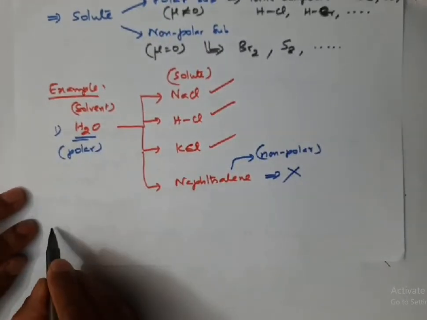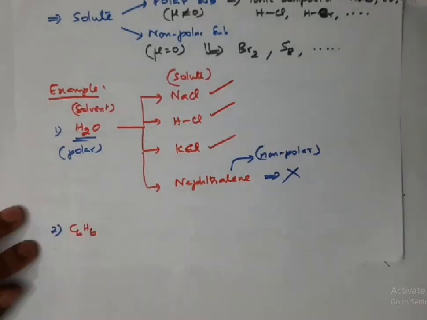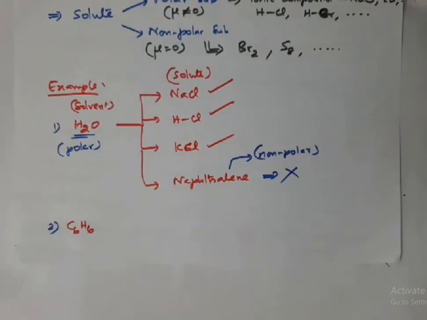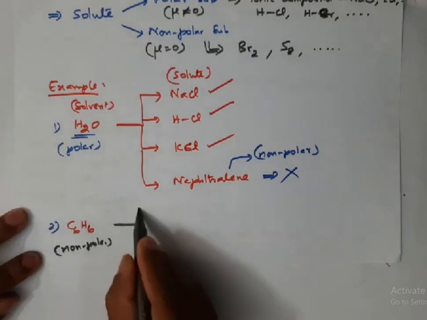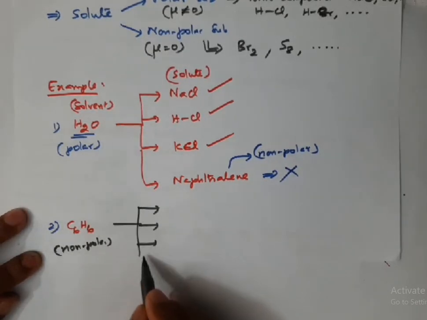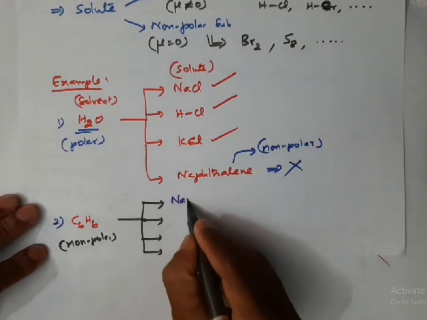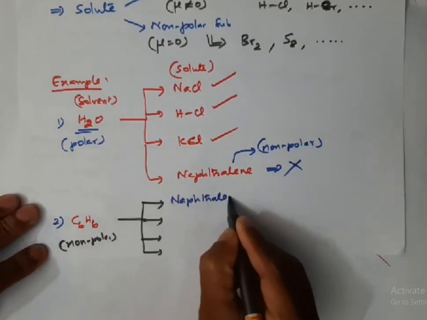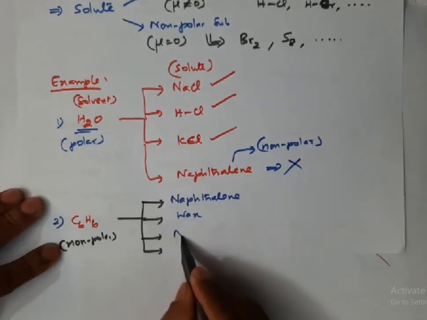Similarly, if you take a non-polar solvent, say for example, I'll take benzene. Benzene is a non-polar solvent, right? Therefore, in benzene, listen, I'll give some substances. You try to tell me which can be dissolved and which cannot. Number one, I'll take naphthalene. I'll take wax. I'll take sodium chloride.